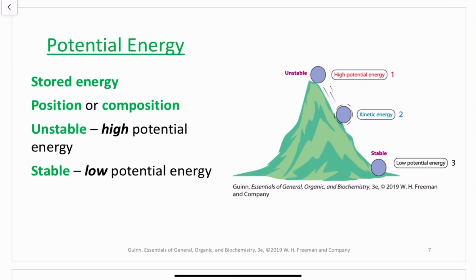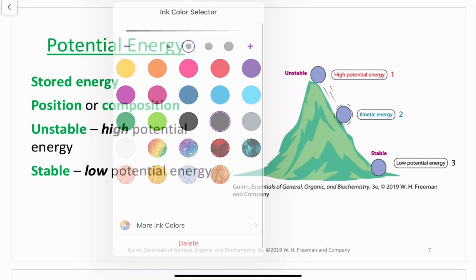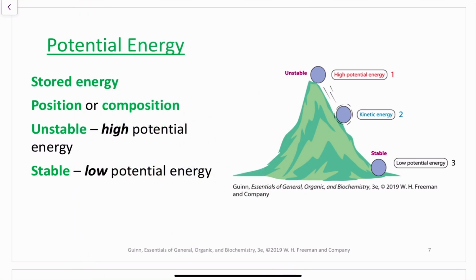Now let's talk about the second form of energy, which is potential energy. Potential energy is a form of stored energy, and it's because of its position or composition. For example, let's take an example in this picture.